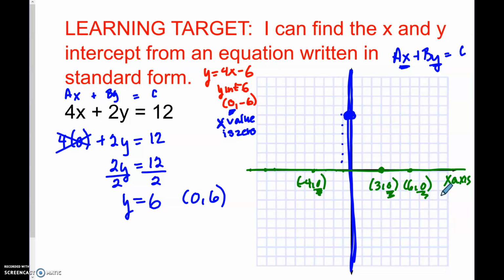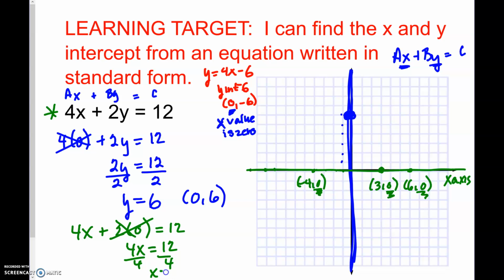So I'm going to go back to this original equation, and you see the first time in blue, I put the 0 in for x. Now this time, I'm going to put the 0 in for y. So I have 4x plus 2 times 0 equals 12. So 2 times 0 is 0. So I'm left with 4x equals 12. And I divide both sides by 4.